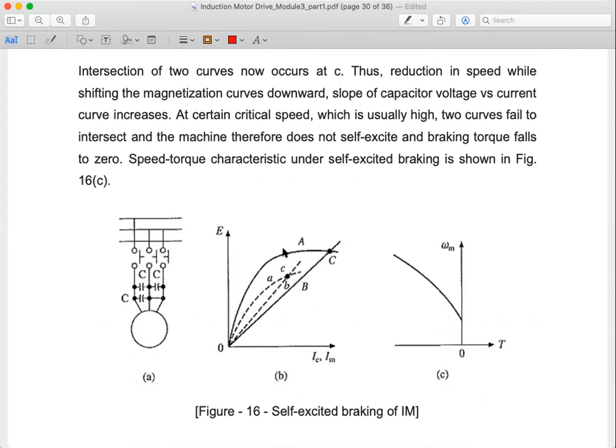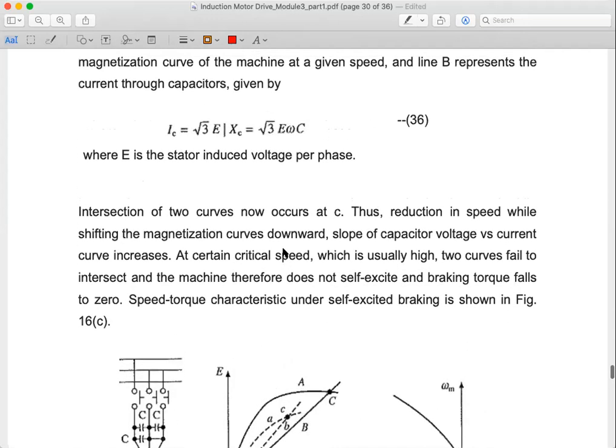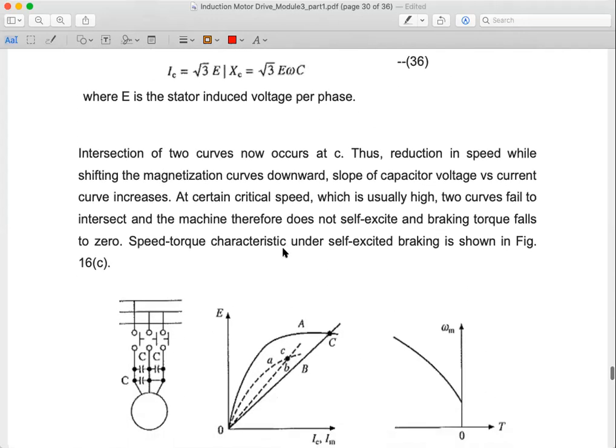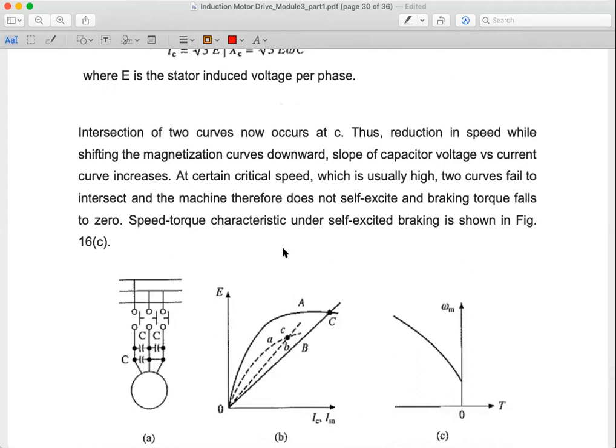Now when the speed is varied, when the speed is reduced, this magnetization curve will come towards this side, and this characteristic will go towards this side.